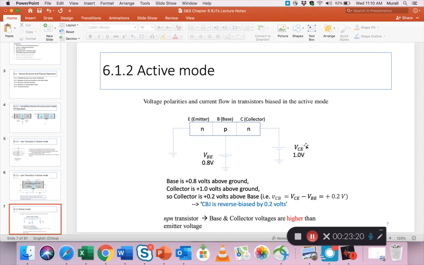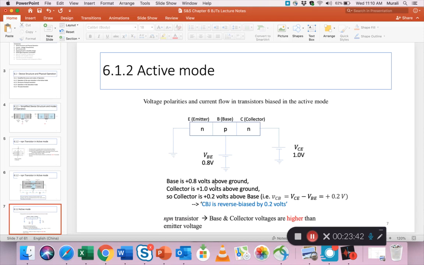And to help you understand, I've got some notes here, so let me quickly read those. I've given some values here. The VBE voltage is 0.8 volts and VCE is 1.0 volts. Now we know that this junction has to be forward biased, right?